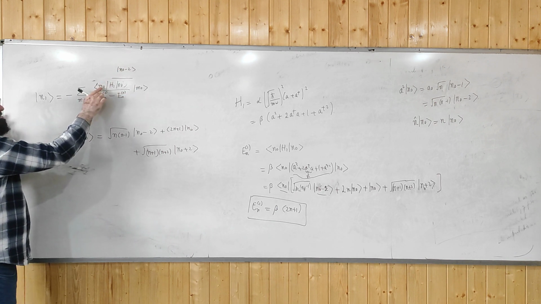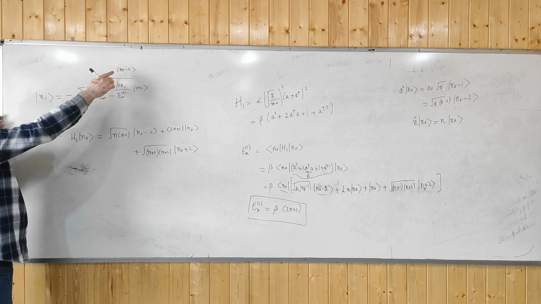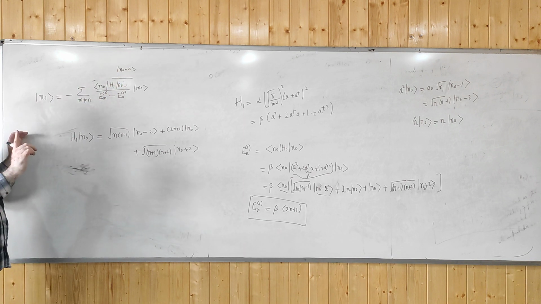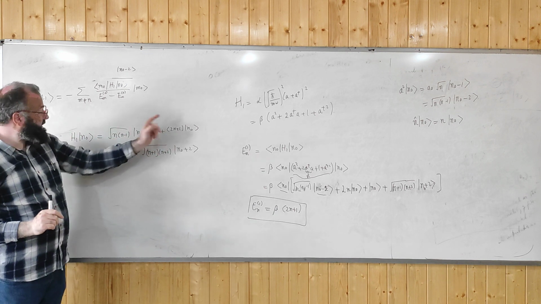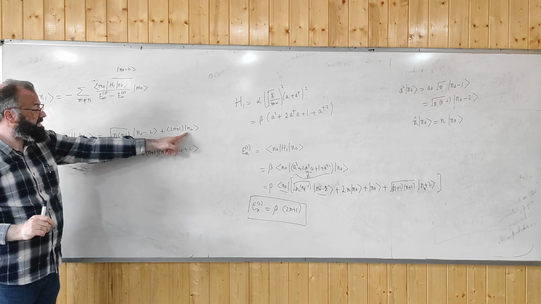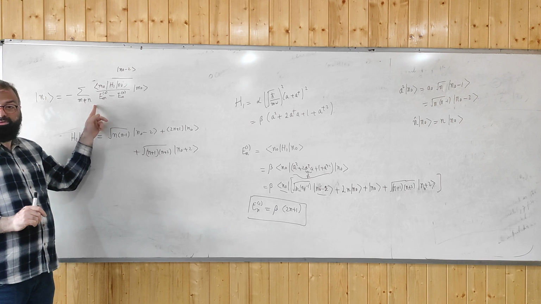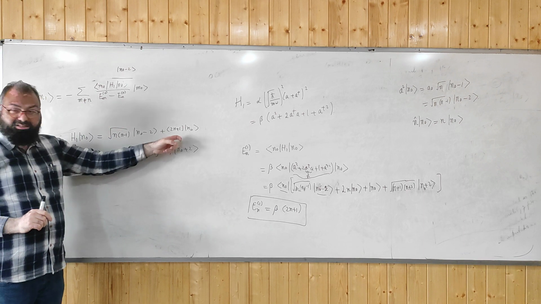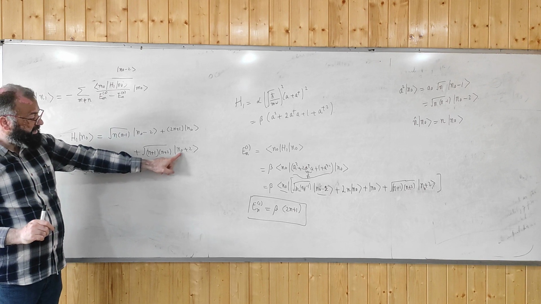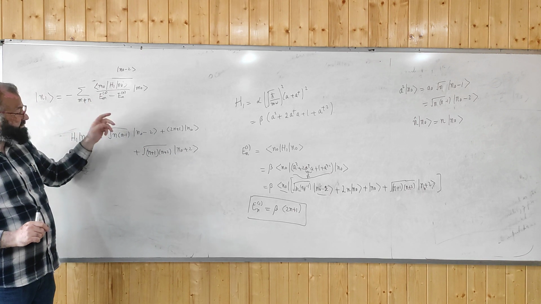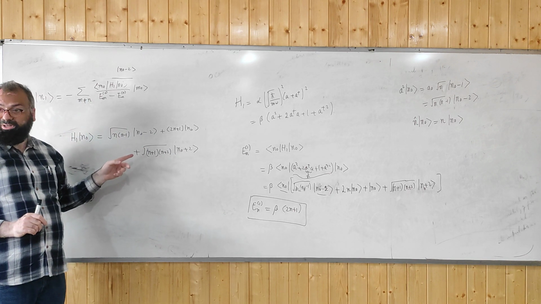Clear? So this is the first state, and that will be non-zero. Now if you take a look at the term with M equal to N, that term will not contribute. Another term is N naught plus 2. So in this very sum, there are only two terms which are contributing.